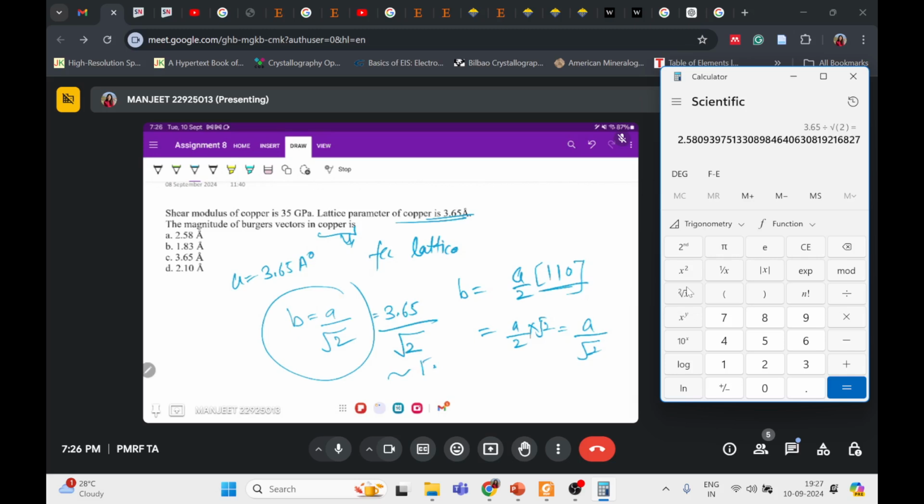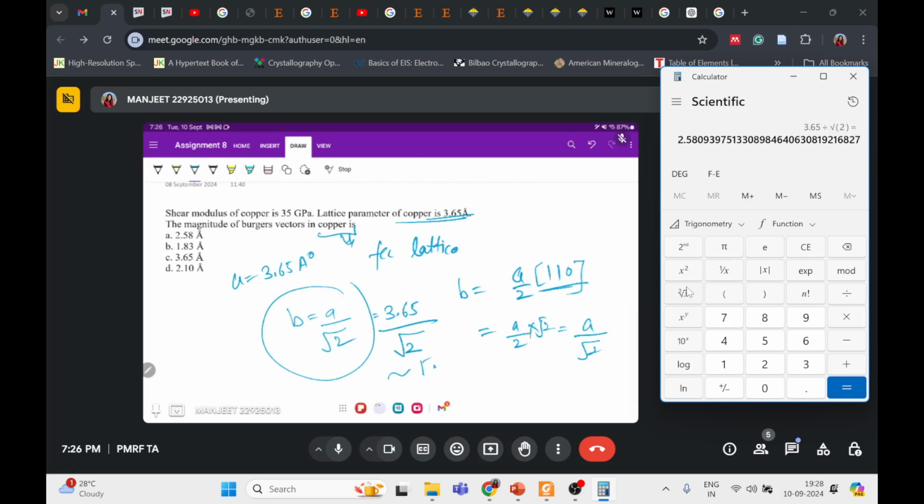If it were BCC, the Burgers vector would be a by 2 of 111, giving root 3 a by 2. For the FCC one, it will be a by root 2.